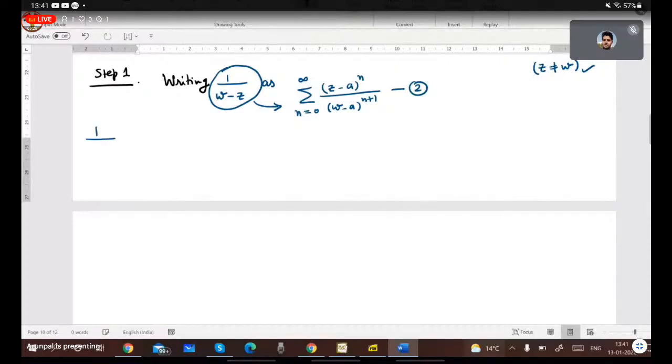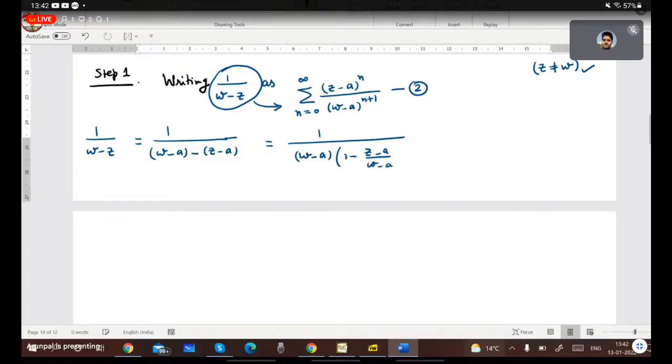So I start with this expression. This is equal to, class, simple manipulation. I think it's obvious. This is equal to 1 upon, take W minus A common, 1 minus, sorry, Z minus A by W minus A, right?